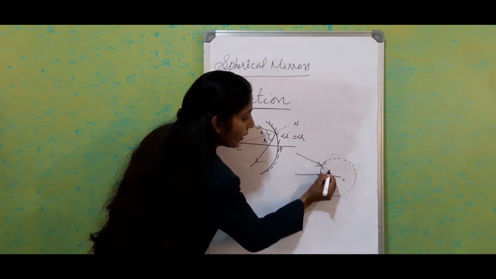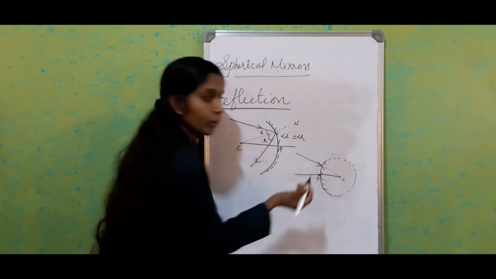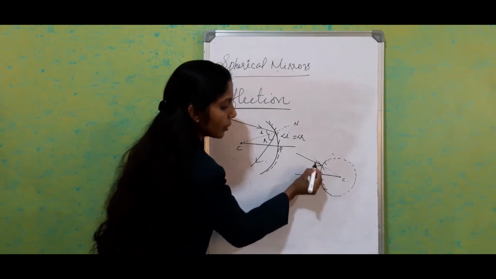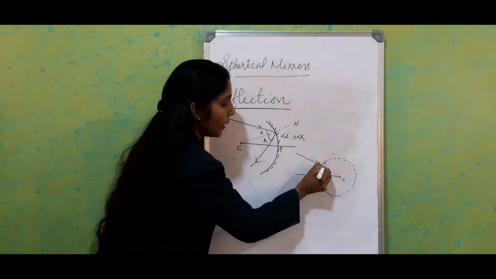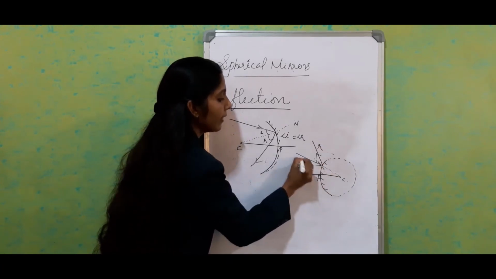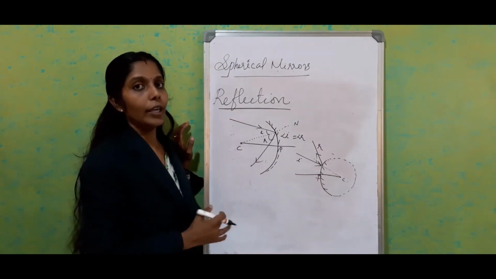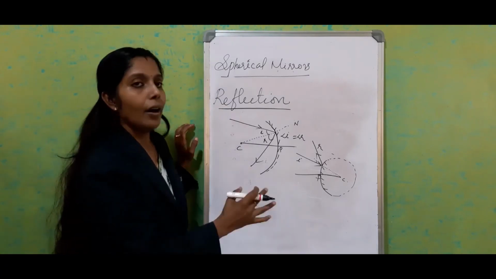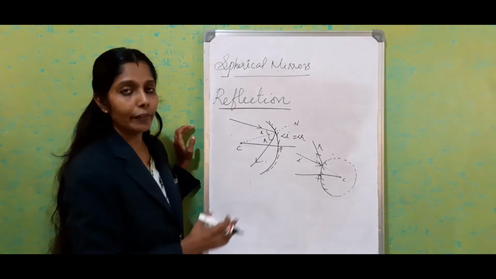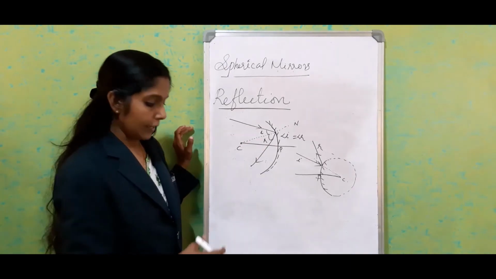From this point, draw a line to the center of curvature and see what angle it makes. So it makes an angle like this. So this is the way the reflected light will move back. This is the way we have to draw the reflected ray in the case of a spherical surface.